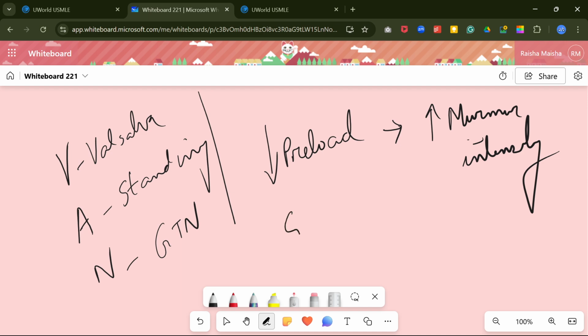Others are SSP: squatting, sustained hand grip.